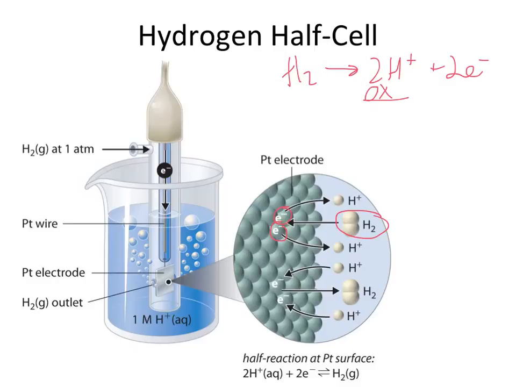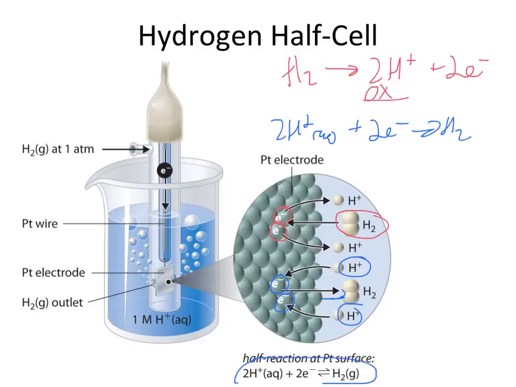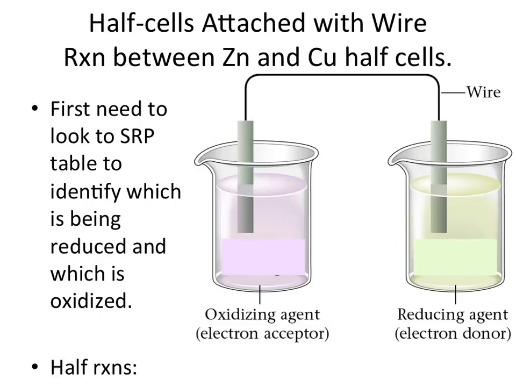But just below it, we're seeing that these H plus are picking up these 2 electrons and reforming H2. So we have 2 H plus aqueous picking up those 2 electrons to create H2. And so this reaction keeps happening back and forth. It's an equilibrium reaction. So it happens, but again, you won't see any net change. So that's just a half cell. It doesn't really matter unless you have something else attached to it.